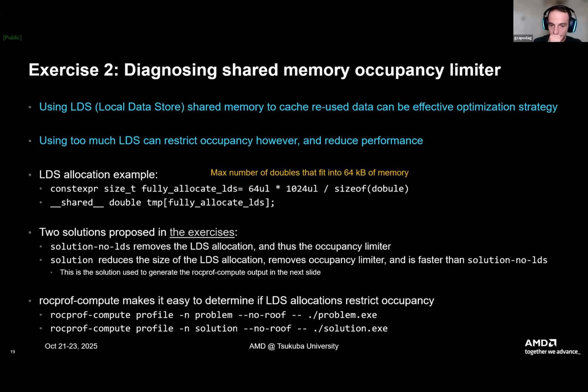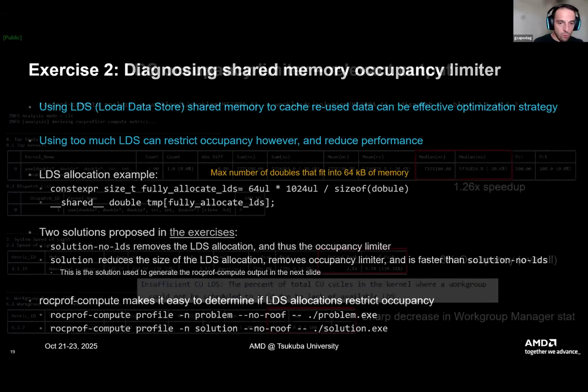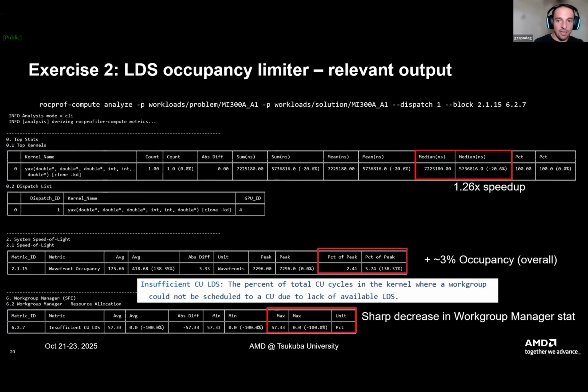Yeah, so what we have now is that by comparing the fully allocated LDS with a reduced allocation, then we get a little speed up.